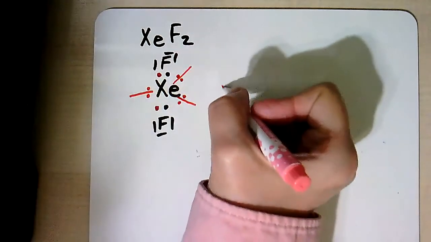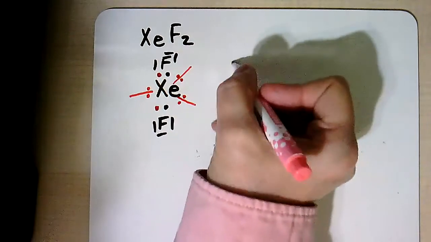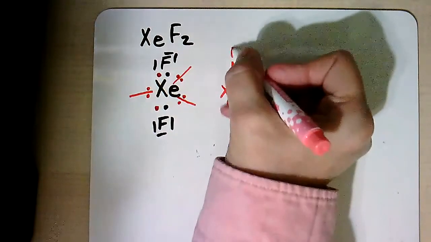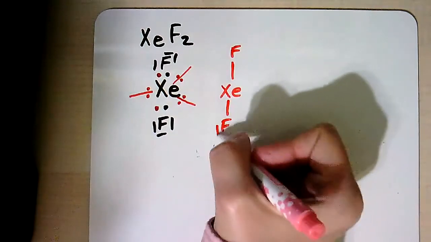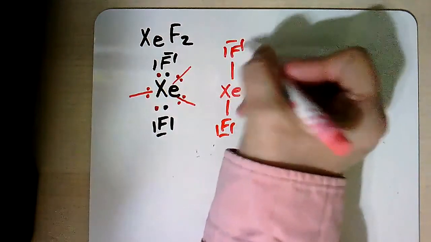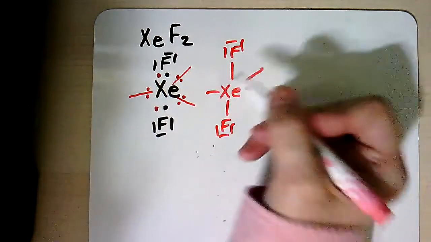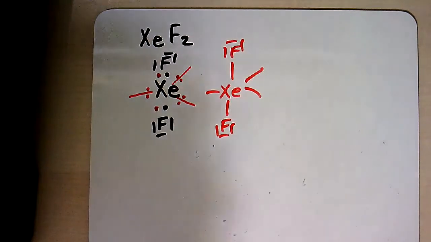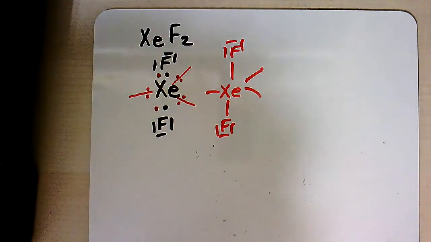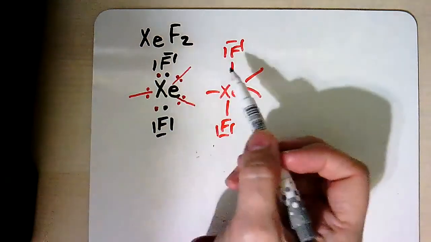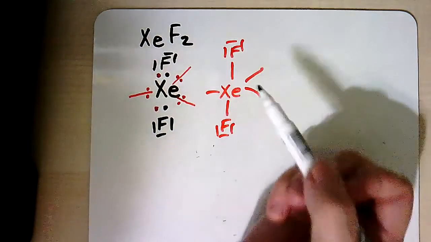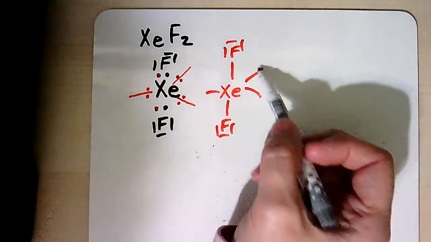And let me remind you that if we draw this again and put the fluorines in, and then we draw out the lone pairs, we can see that this has 5 electron domains. What are they? Well, we have 1 for each bond, so 1, 2, and then we have 1 for each lone pair, so 3, 4, 5.